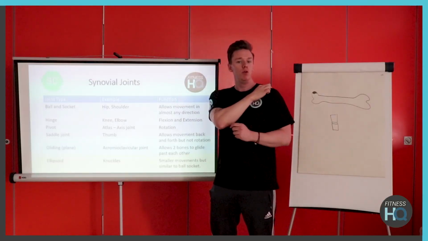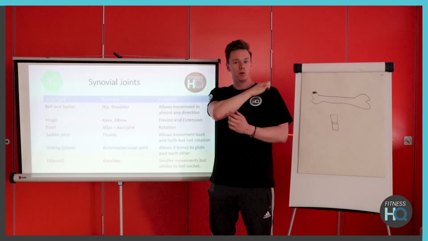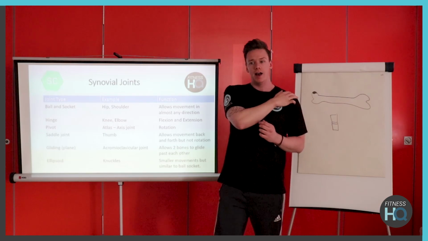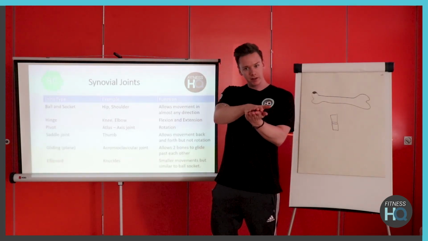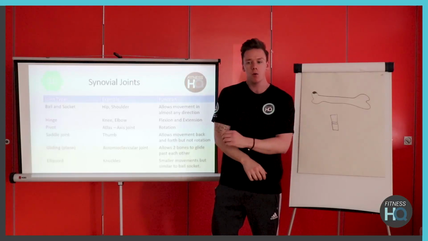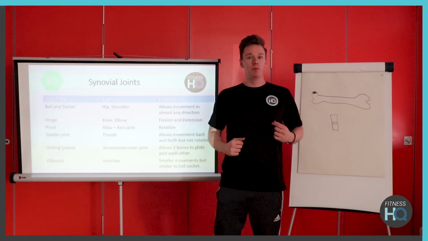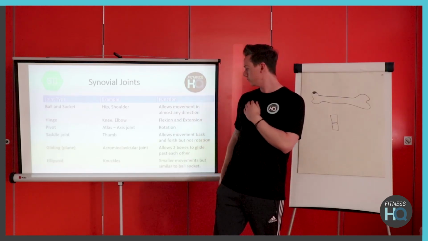Now, if you were to move your shoulder around, you'll feel it sliding a little bit, like so. So it's quite a good way to feel the joint moving itself. And what's happening is the clavicle and the shoulder blade are basically sliding over each other to allow the shoulder girdle to do these sort of movements. So it allows our shoulder blades basically to move forwards and backwards.